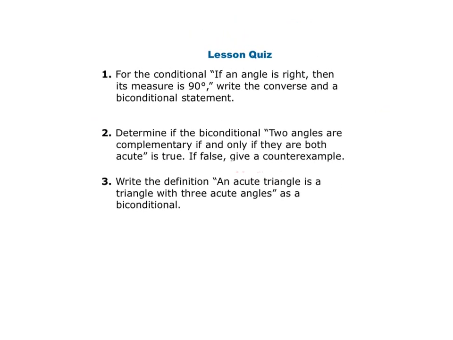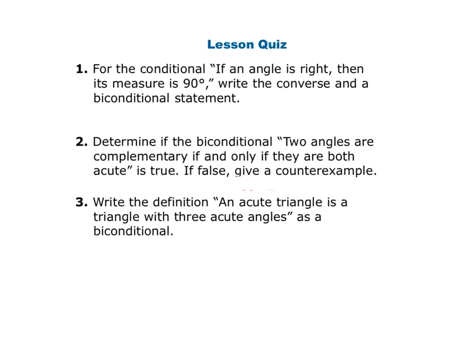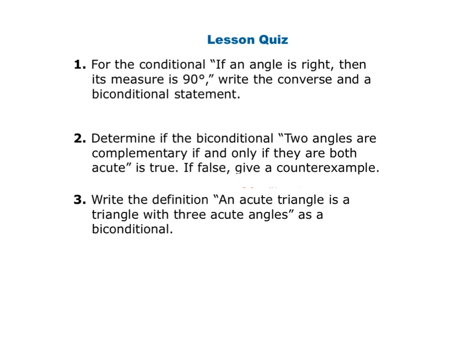Last slide, yay. For the conditional, if an angle is right, then its measure is 90 degrees. Write the converse and biconditional statement. So we'd write the converse. If this is P then Q, the converse would be Q then P. So we would start with the second part.